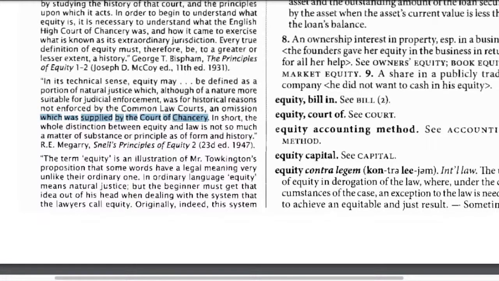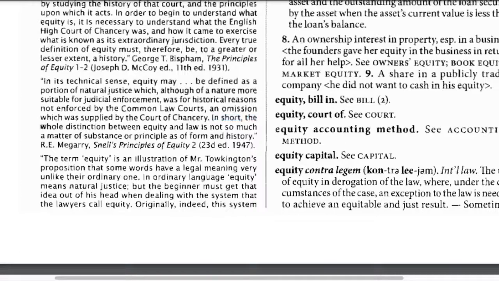So, equity is a portion of natural justice. It needed to be enforced. It wasn't being enforced judicially for historical reasons by the common law courts. So that omission was supplied by the Court of Chancery. So it became part of the jurisdiction, I guess, of the Court of Chancery.